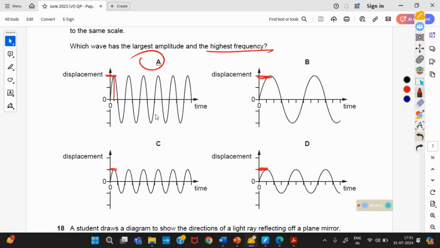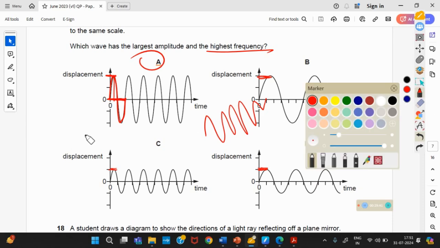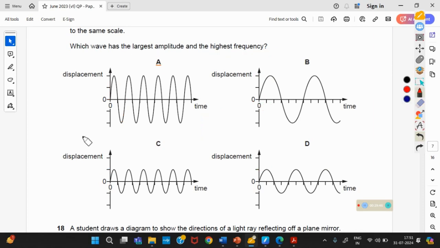Now the frequency, what is the frequency? The number of turns in a given cycle. So the time period of this wave, let's say, this is the time period. In this time period, it completes its one cycle. So in a given time period, if you check the number of turns, these are highest in case of A. You can check how.